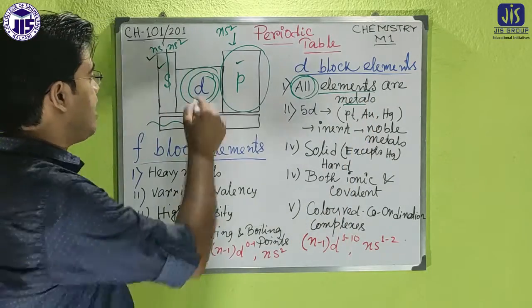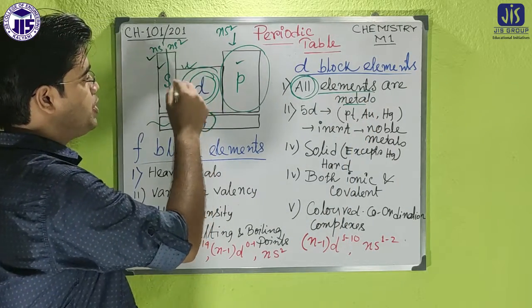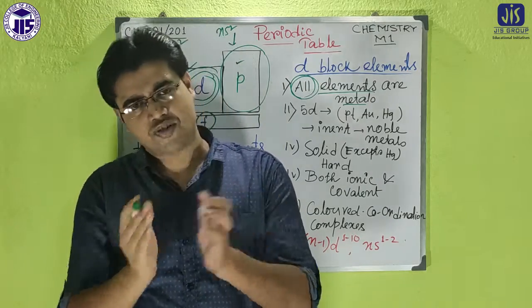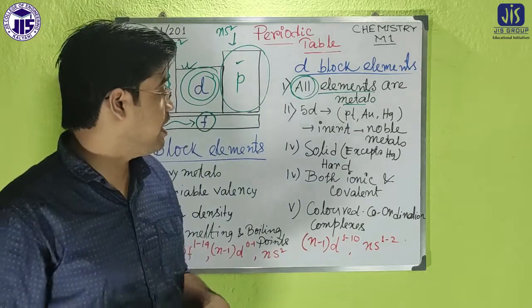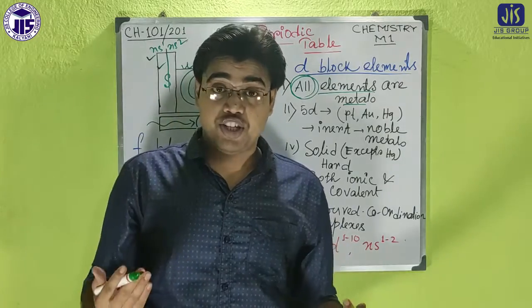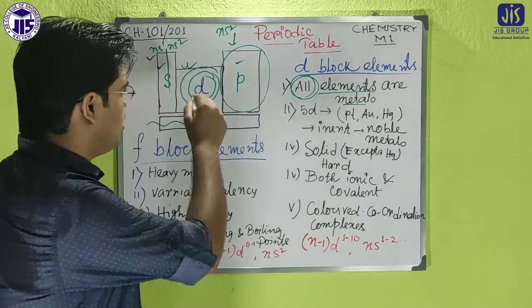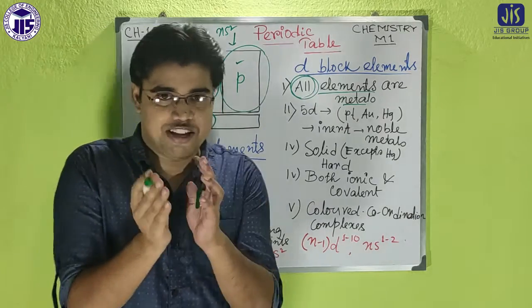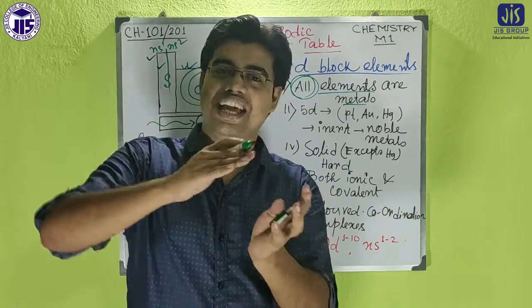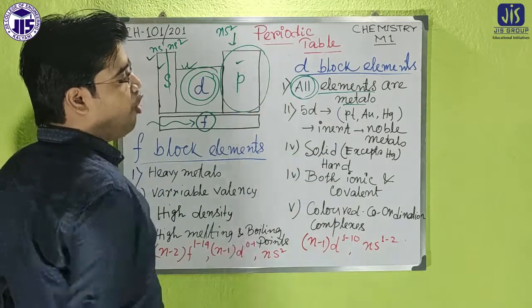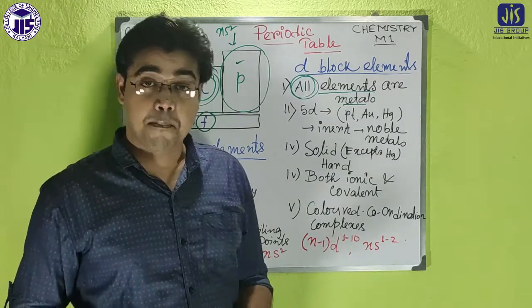They are generally transition elements between the s and p blocks, and the block acts like a bridge between the s and p blocks. That's why it is called transition, meaning transition between the s and p block. So all the elements here are generally metals.